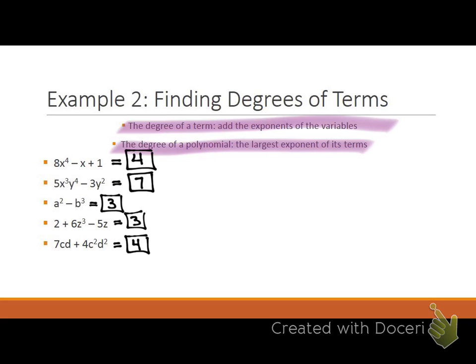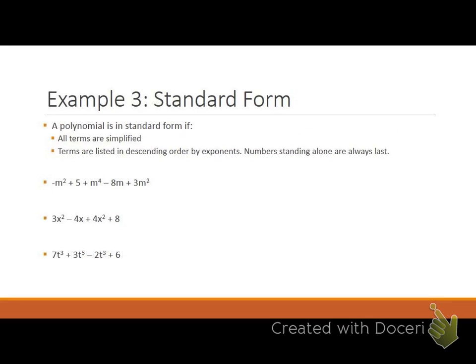Now let's get into probably one of the core concepts for this lesson, and that's writing in standard form. There's 2 criteria for standard form that you need to write down. A polynomial is in standard form if all terms are simplified and if the terms are listed in descending order by exponents, with the number by itself being last.